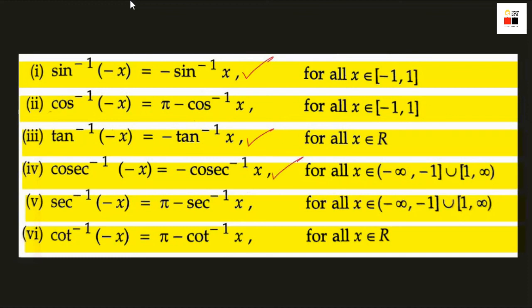These are similar kind of properties. And cos inverse of minus x is equals to pi minus cos inverse x, and sec inverse of minus x equals to pi minus sec inverse x. Cot inverse minus x equals to pi minus cot inverse x. These three are similar.